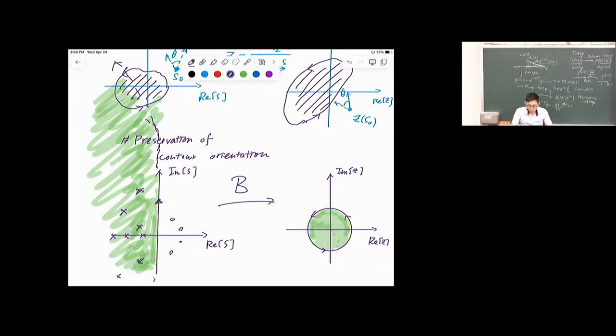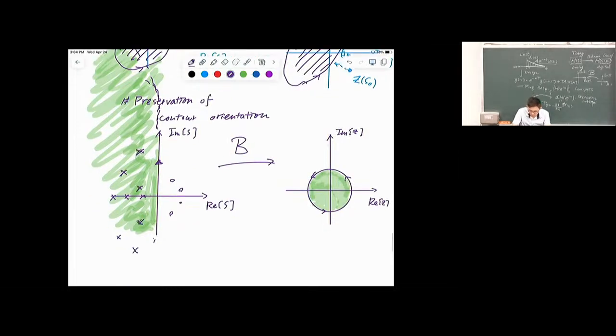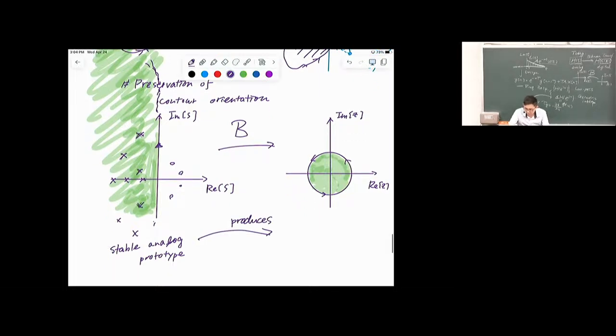When we have a stable analog prototype, after bilinear transformation it provides us with also an H of Z where all the poles are now mapped to the inside of the unit circle.